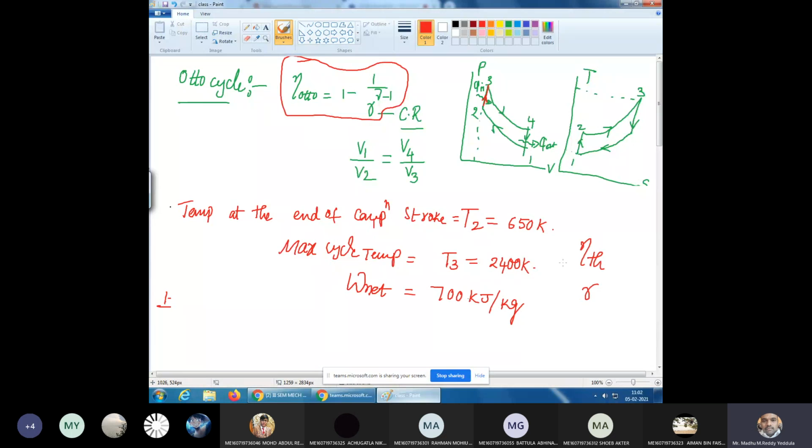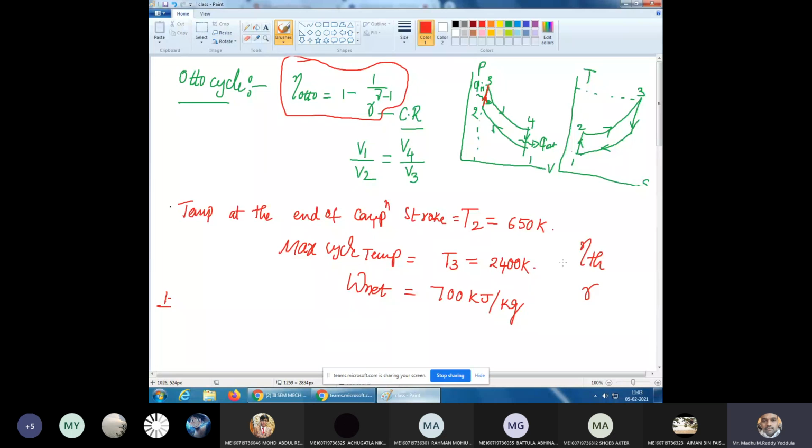If you know compression ratio, you can calculate the thermal efficiency by using the formula. Now, can you think how to calculate the compression ratio? We don't have any volume related terms here. But net work is given, and we can also calculate efficiency by dividing the work done by heat supply.